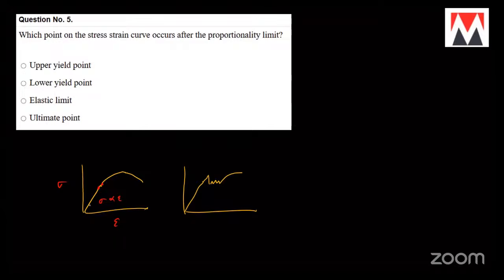And if you draw a straight line at 0.2% strain with exactly the slope of this line, then you will meet a point which is called the yield point. So this point is proportionality limit, this point is elastic limit, this point is yield point. Then this is the strain hardening point. So the point which occurs after proportionality limit is elastic limit.